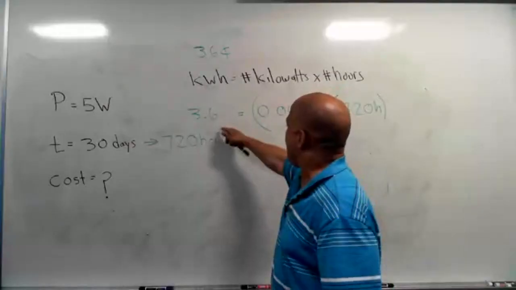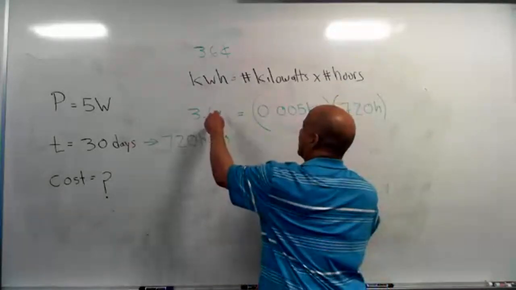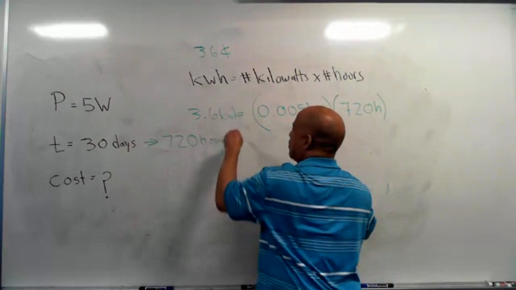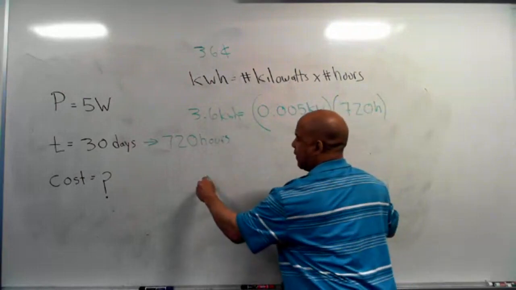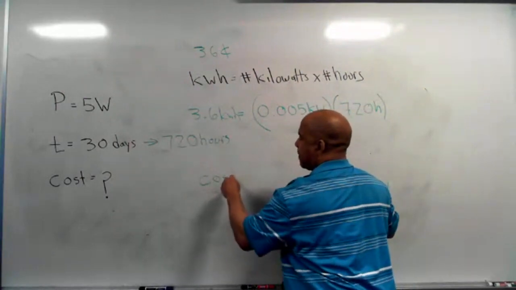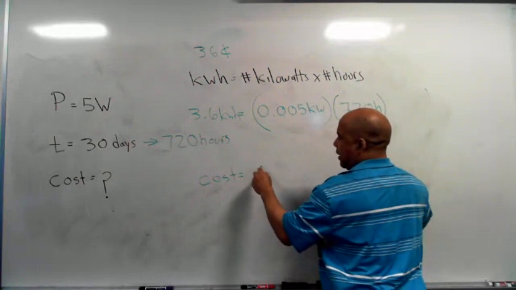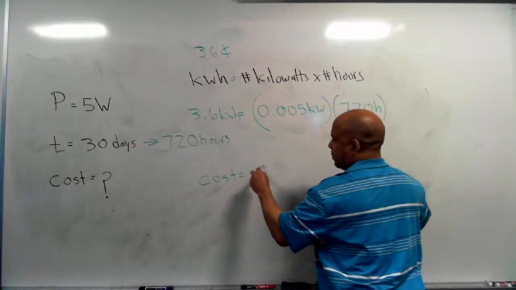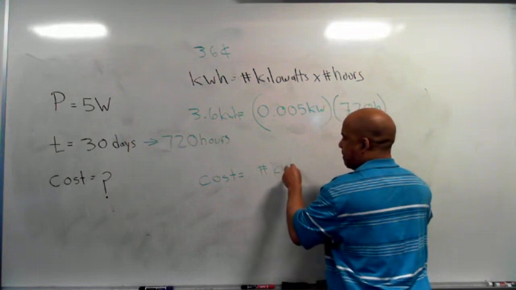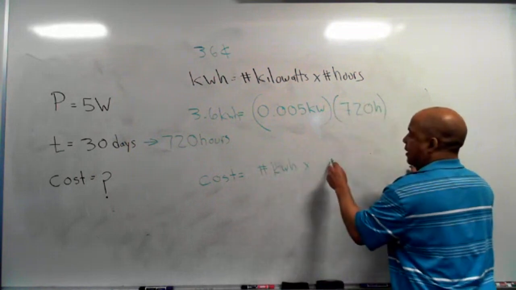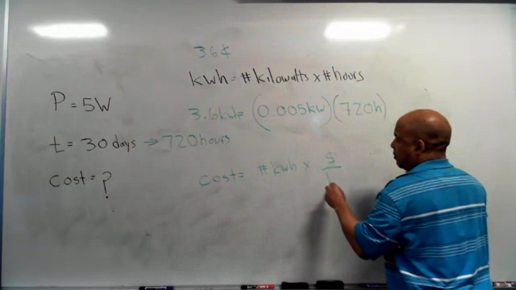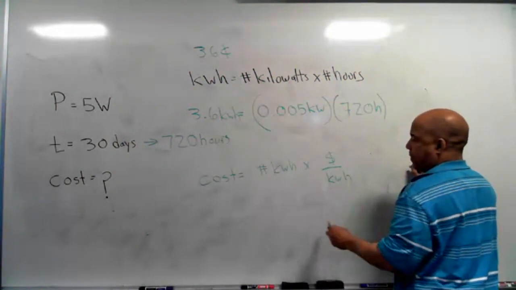So now we know we have 3.6 what? 3.6 kilowatt hours of energy. So if I take the cost, the cost is going to be the number of kilowatt hours times the amount per kilowatt hour.